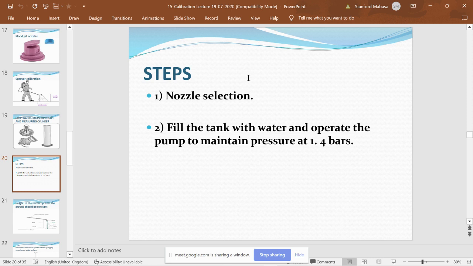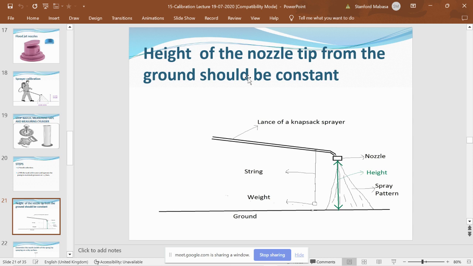Some of the sprayers do not have a pressure gauge, but it may be necessary to fit one so that you know the pressure at which you are operating. Height of the nozzle tip from the ground should be constant.